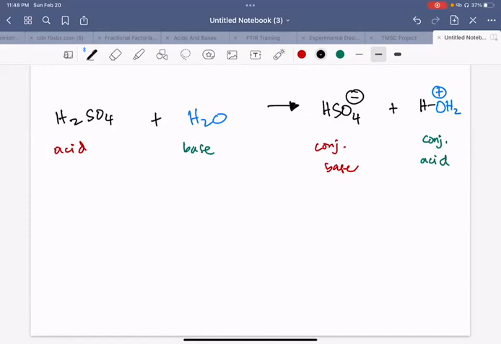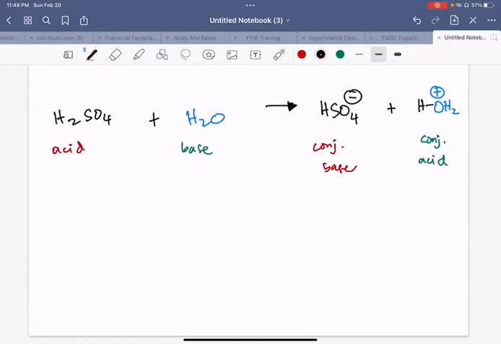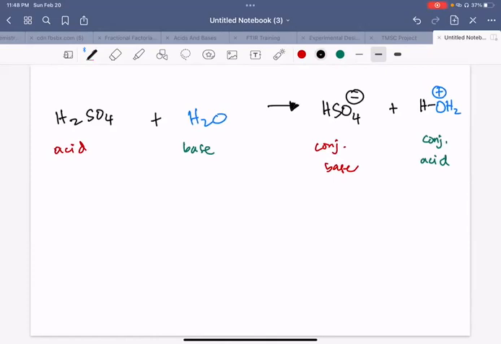So when you have this kind of reaction in solution, though sulfuric acid is more acidic than hydronium ion, there are many more hydronium ions in solution as compared to sulfuric acid molecules. There are more of them in terms of number in solution.